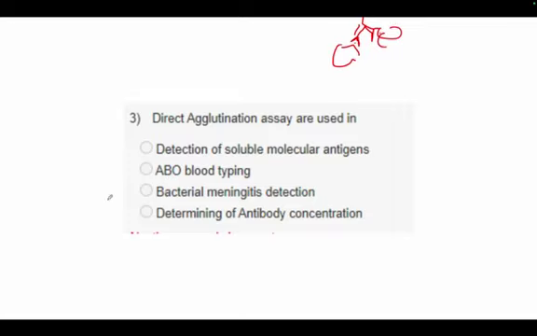And this is used commonly in ABO blood typing. We call this hemagglutination because the RBCs get cross-linked in ABO blood typing, and then they precipitate out of the solution, and you can see a haziness in the sample when it is positive.